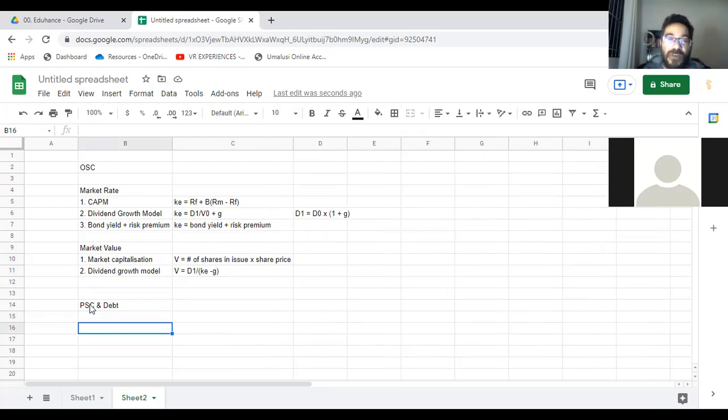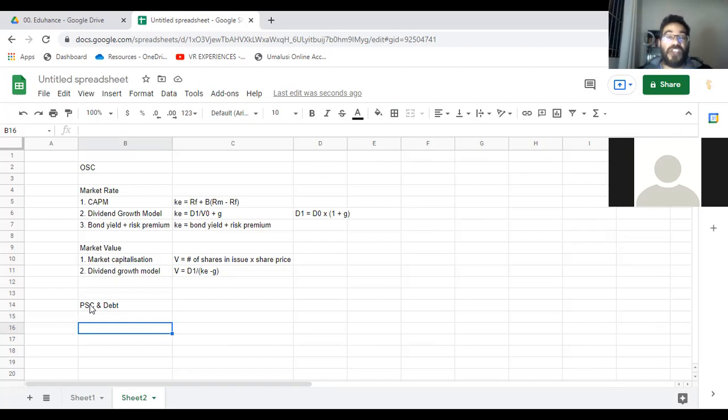Whichever one is given, most likely the other one will need to be calculated. Generally, the market rate is given and you need to calculate market value, but either way could happen.